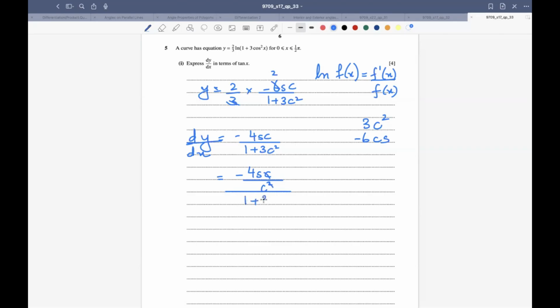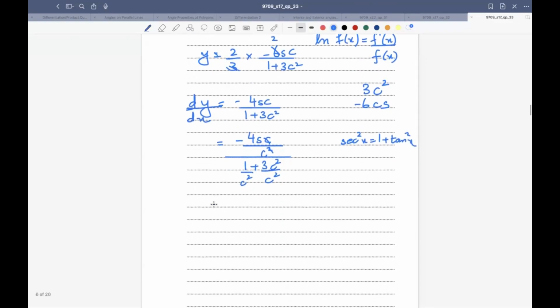And then doing the same in the denominator as well, dividing by cos squared on both sides. We know that 1 upon cos squared is sec squared, and the identity for sec squared of x is 1 plus tan squared. So we'll get minus 4 sine upon cos, which can be written as minus 4 tan of x, upon 1 upon cos squared, which is sec squared of x, and in place of sec squared we can write 1 plus tan squared of x, and this is plus 3.